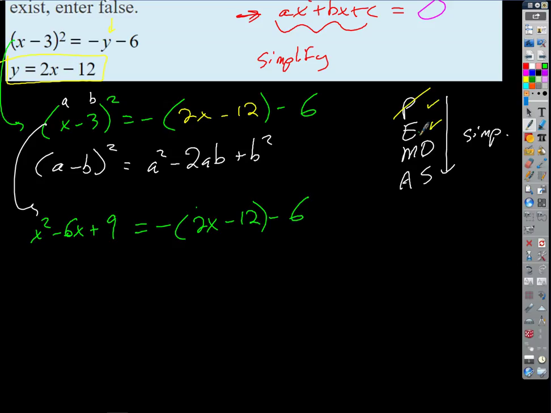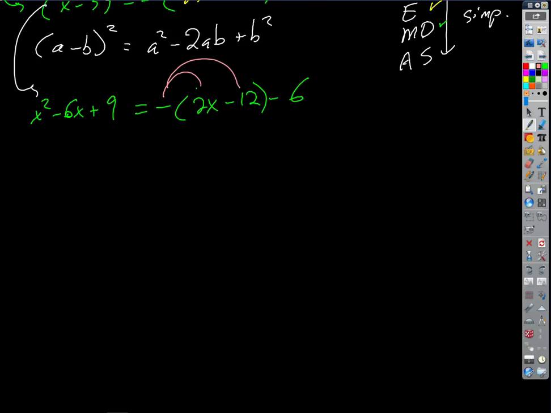Okay, so we did the exponent step. What's next? What do I multiply here? Okay, I've got a negative 1 being multiplied by this quantity, so I've got to distribute the negative 1. All right, so if I distribute the negative 1, that's just going to change those signs, right?